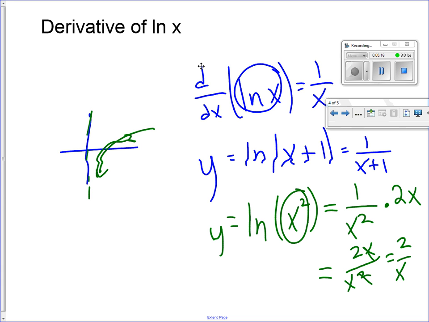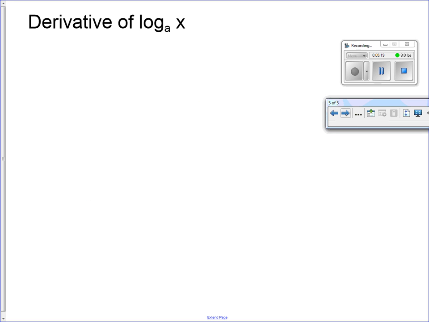All right, the last one we have is for any logarithm. So your formula here, this one's a little funky. Your logarithm is going to have a base, which we're going to keep calling a.